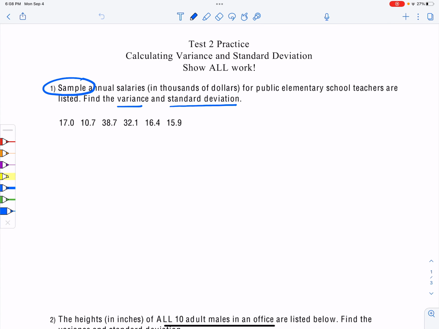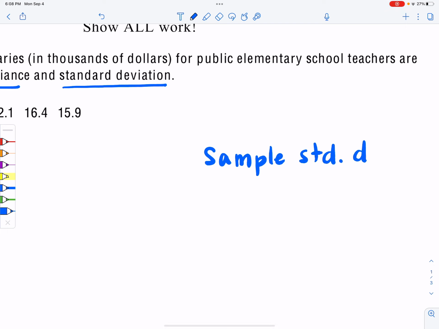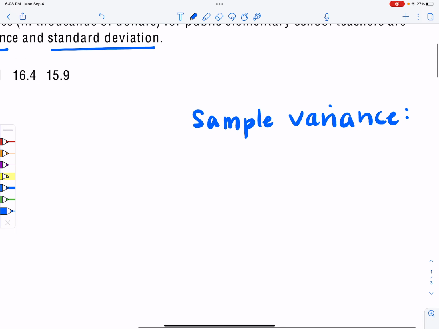We know we're going to need to find sample variance and standard deviation. So what I'm going to do first is just come over here to the side. Make sure that I have the formula that I'm going to need, which first, before we get to standard deviation, will be the formula for sample variance. This is in your notes.